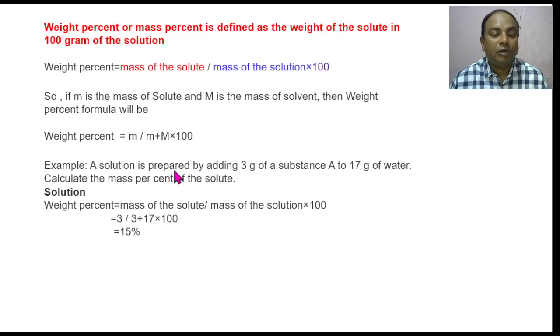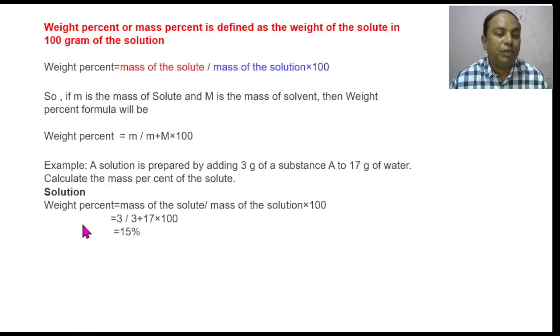And in order to find the weight percent of a solute or of a solvent, we can find each individually. Here we will first try to determine the weight percent of a solute.